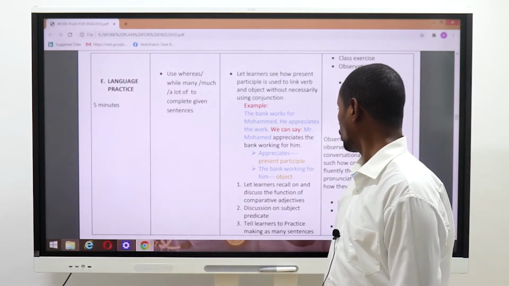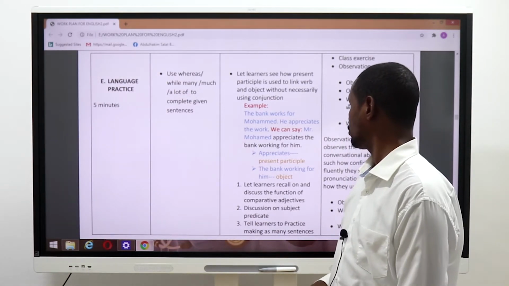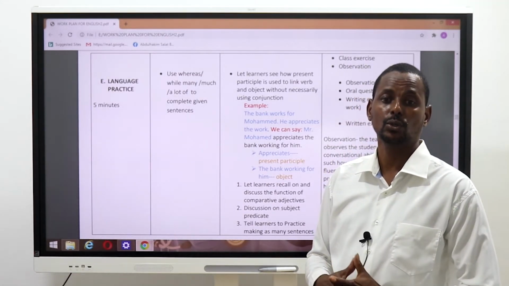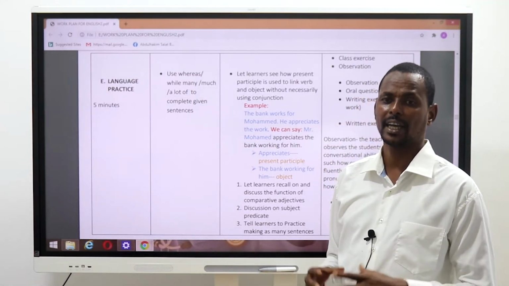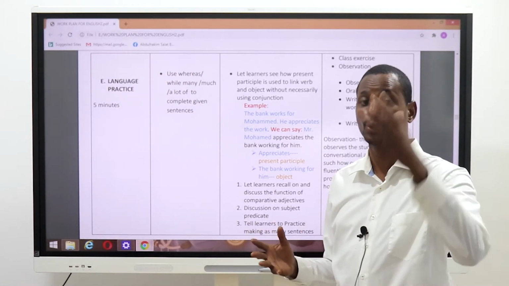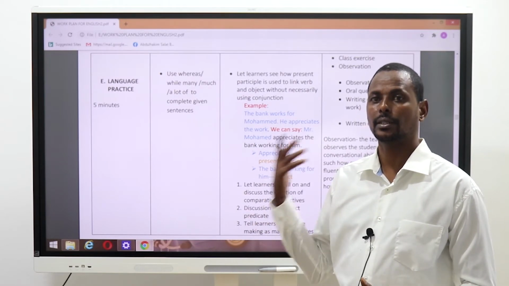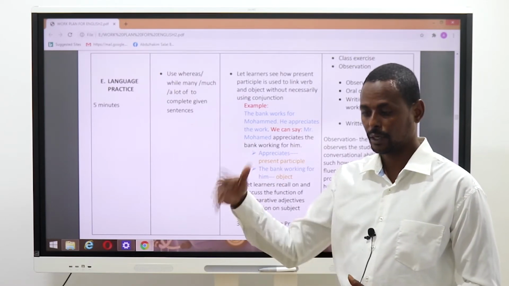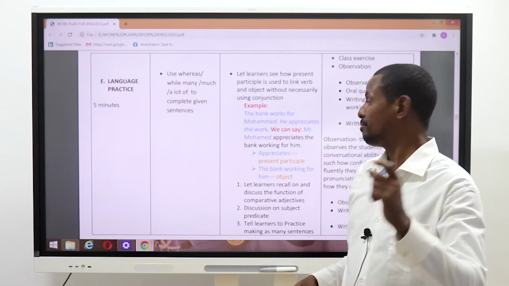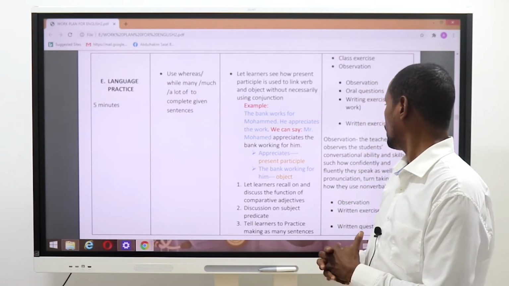Let learners recall and discuss the function of comparative adjectives. We are going to study in this language practice something about adjectives. Adjectives as part of speech is not a concept which is new to students, because they did it in primary and other grammar lessons they have studied. So we are focusing right now on comparative adjectives.